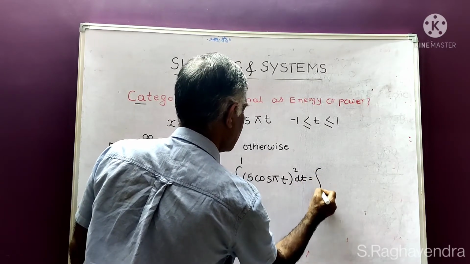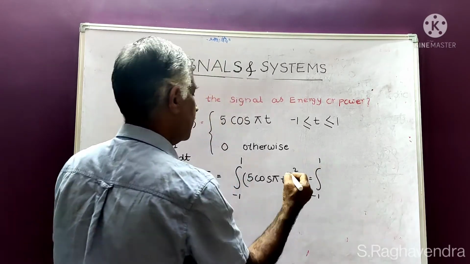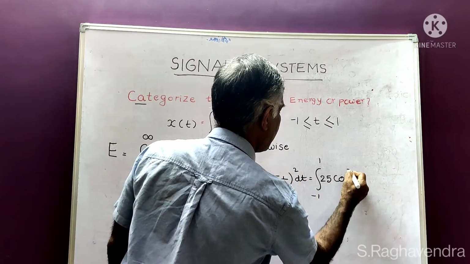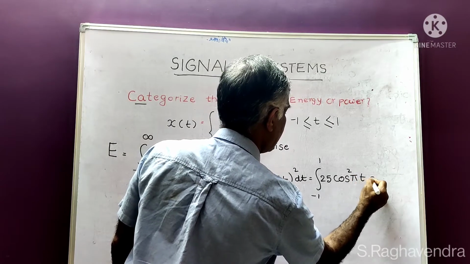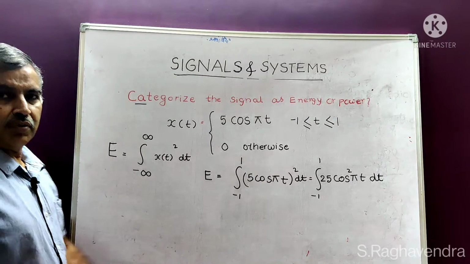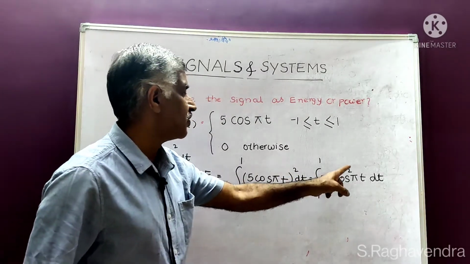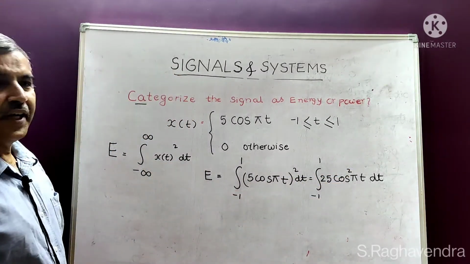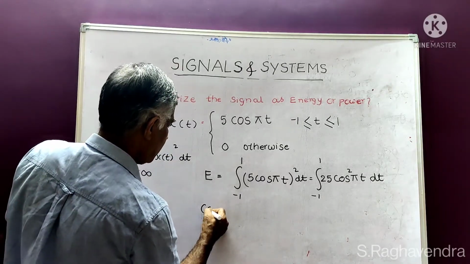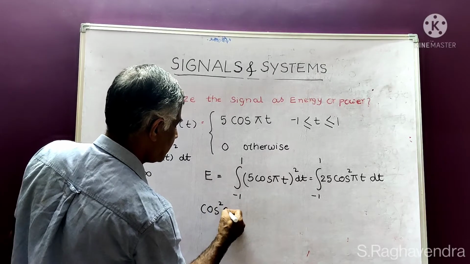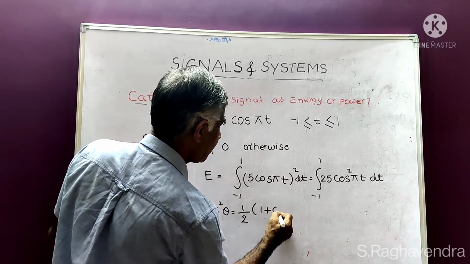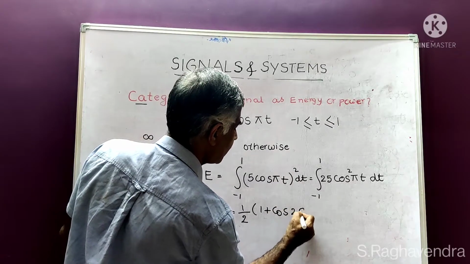That equals integral from -1 to 1 of 25 cos square pi t dt. Now there is a cosine square, so from trigonometry I will make use of this result: cos square theta is equal to half of 1 plus cos 2 theta.